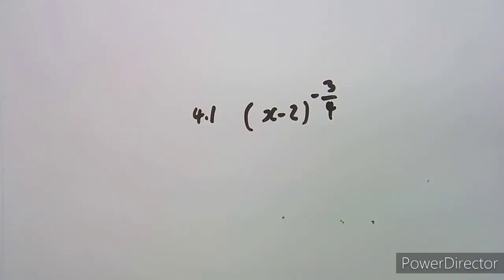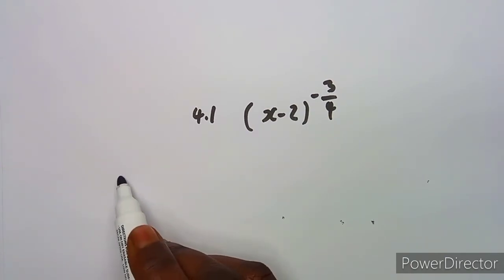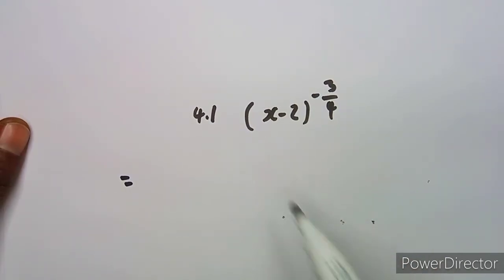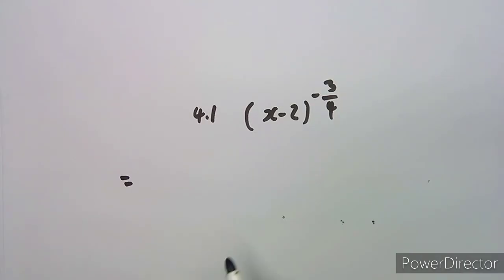You apply it the same way as you do on derivatives, the issue of dropping the exponent, subtracting one, and so forth. But it's not like you are doing derivatives. I'm just saying you apply the same concept. No. Okay, so this is it.